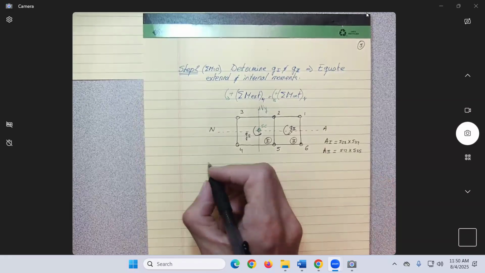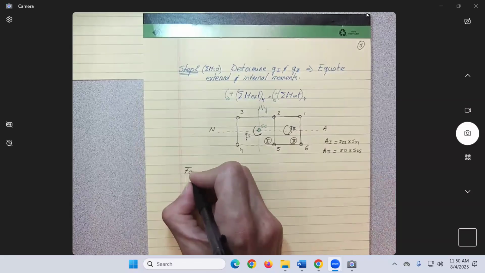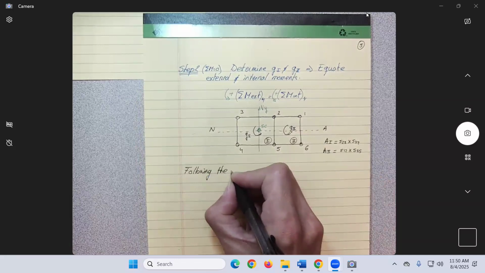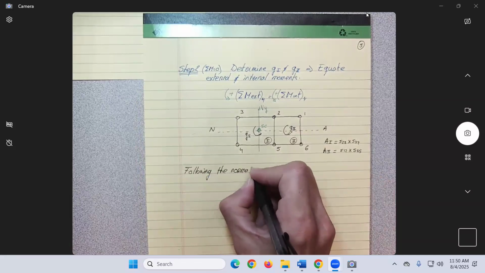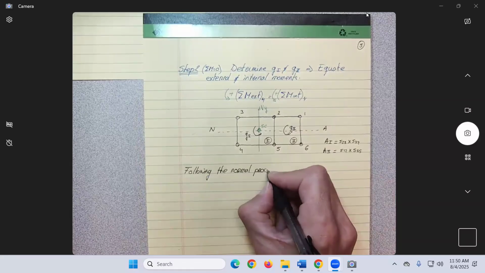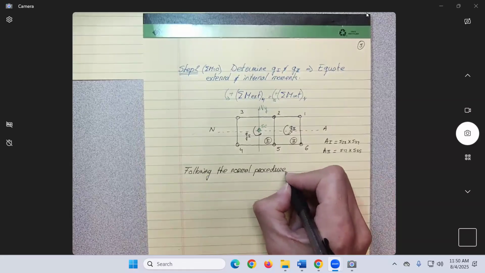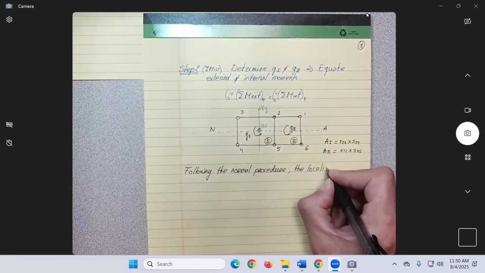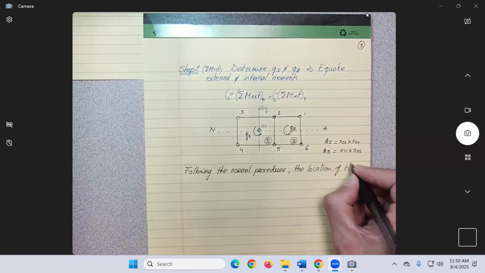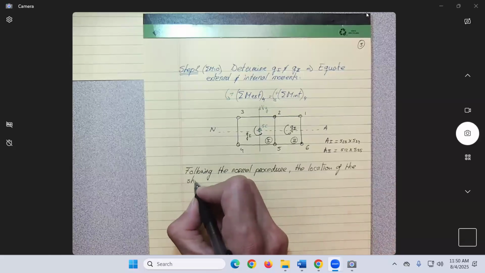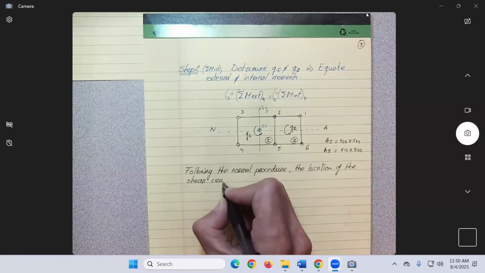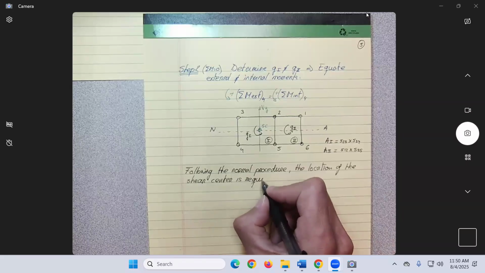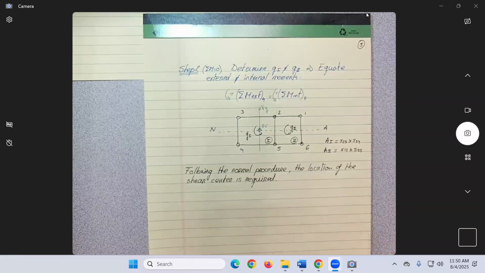Okay, so following the normal procedure, the location of the shear center is required.